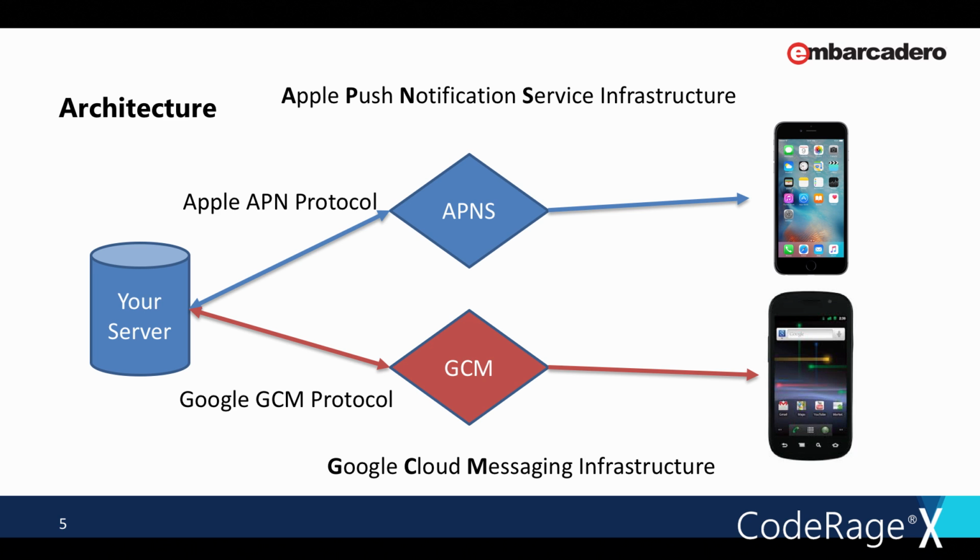There is the Apple Push Notification Service, APNS, and there is Google Cloud Messaging. Both are hosted on massive server infrastructure, and your actual application server needs to implement the Apple APN protocol and/or the Google GCM protocol.